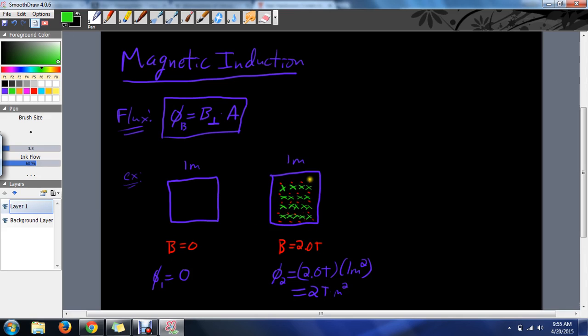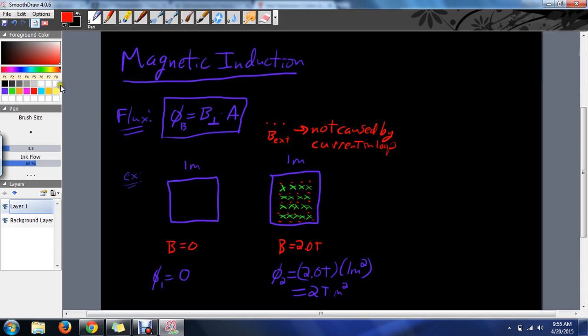The red dots were not created by the current. The red magnetic field is what we call an external field, so I'm going to write EXT for external. Not caused by the current, not caused by the square, by current in loop.